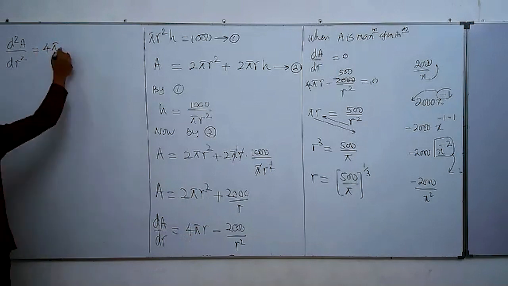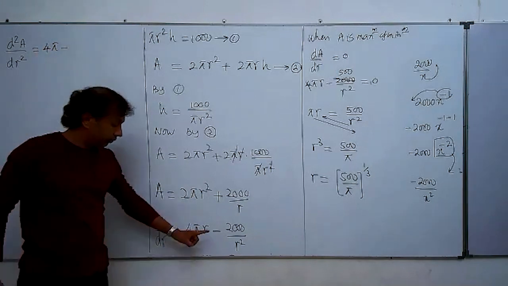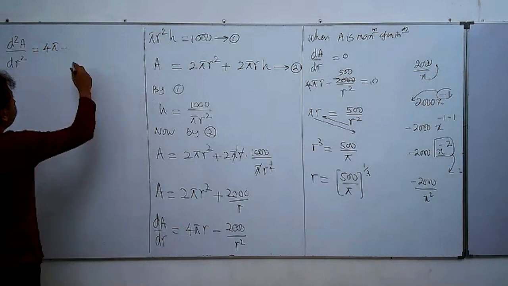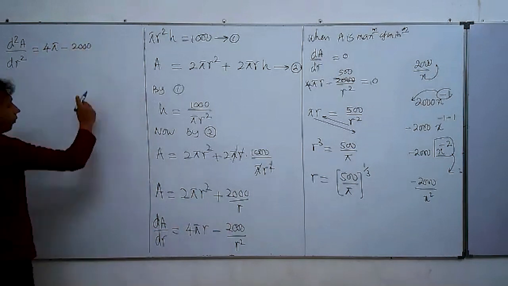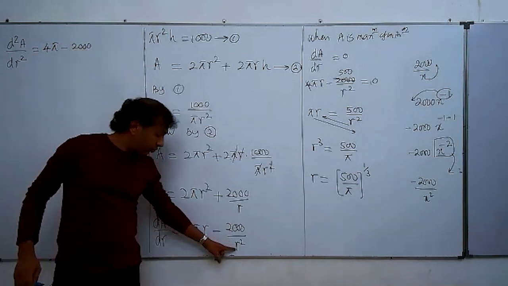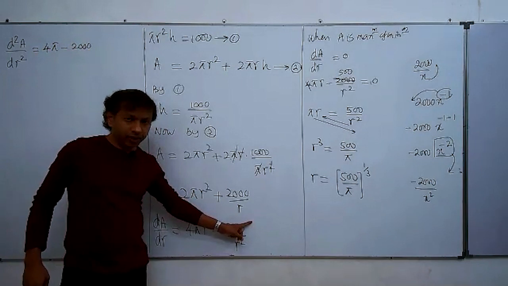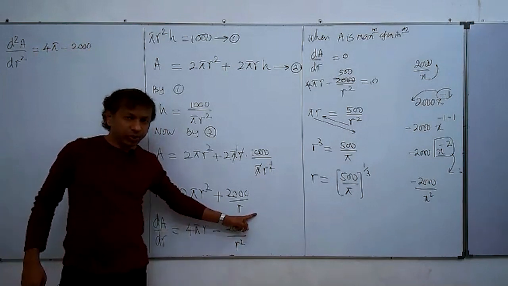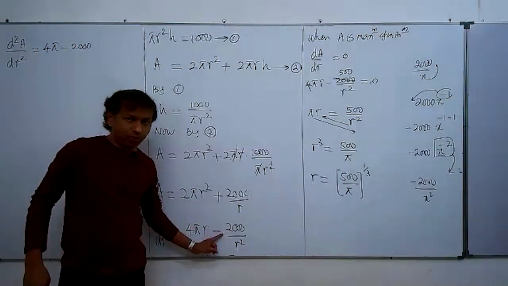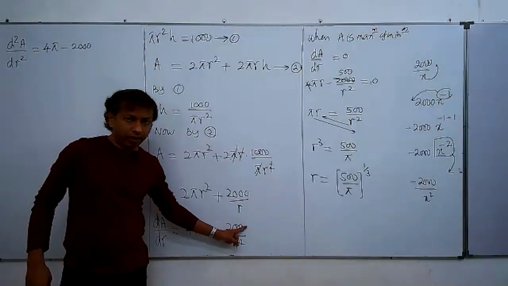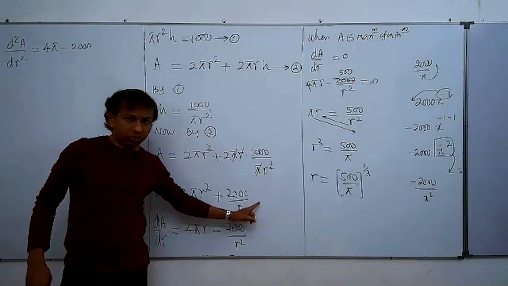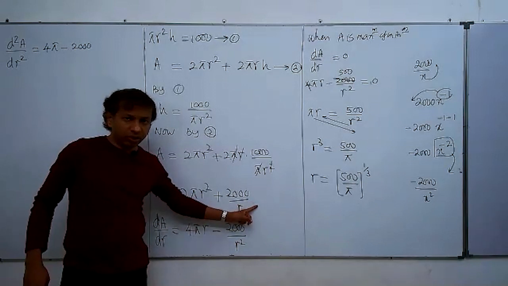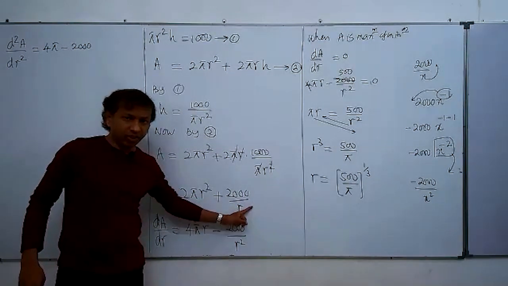And minus 2000. We can take this R squared to the numerator, that will be R to the power minus 2. Power minus 2, when we differentiate, minus 2 comes before R, new power is minus 2 minus 1, which is R to the power minus 3.